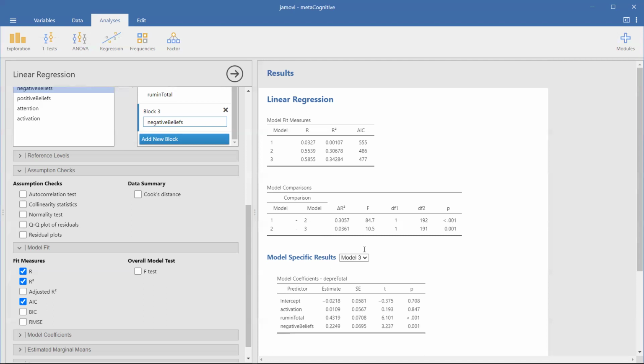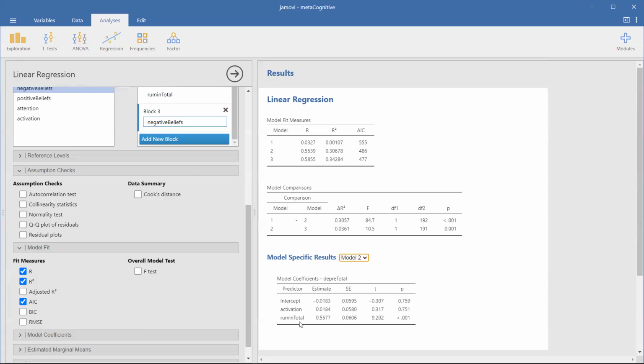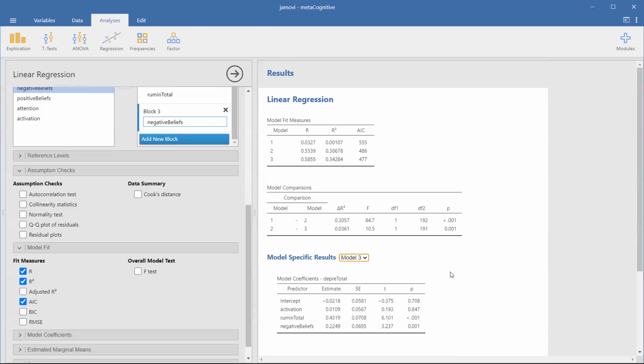And the first model was a model where activation was the only predictor. Then in the second model, we added rumination. And then in the third model, we added negative beliefs about rumination, right?